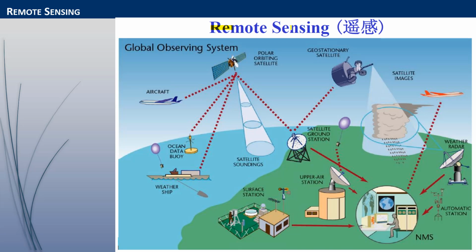And this is another classical example. Here the satellite is observing various regions, the ocean, the ground, and all these things are interconnected. Here we have the base station where all this data from these technologies is collected, kept and processed.